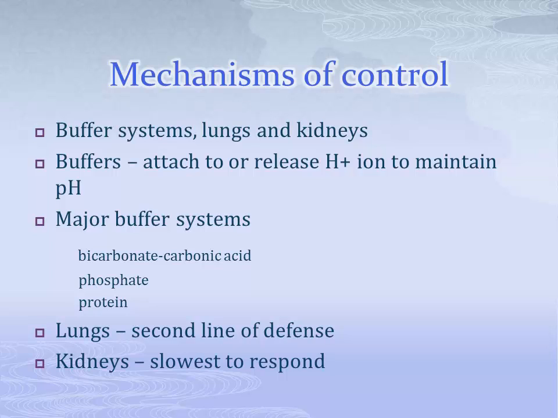So think about the goal of the lungs in maintaining acid-base balance. If the goal of the lungs is to excrete carbon dioxide because of its potential to be an acid, what kind of things are going to keep the lungs from excreting that carbon dioxide?